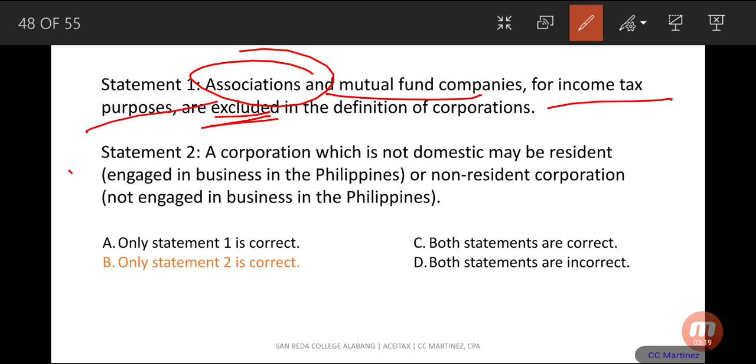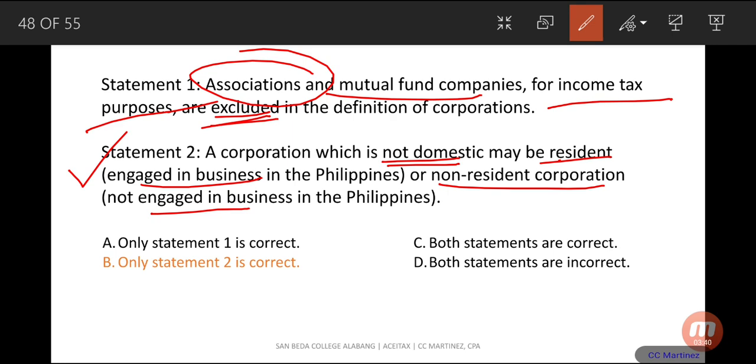So, yung number 2, correct naman to. Kapag ang corporation is not domestic, meaning to say foreign, it can be a resident foreign corporation or non-resident foreign corporation. Kapag resident foreign corporation, engaged siya sa business, while yung non-resident foreign, not engaged sa business.